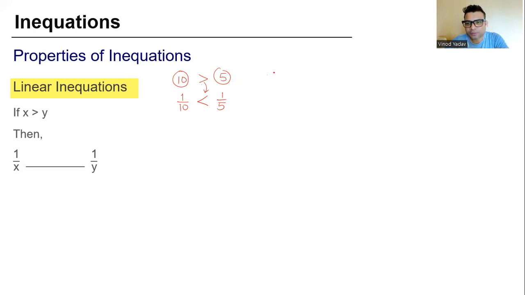Now, minus 5 is bigger than minus 10, isn't it? I am taking the reciprocal: minus 1 by 5, minus 1 by 10. Now which is bigger, friends? Negative: minus 0.2 and minus 0.1. If you visualize the number line, first you will get minus 0.1, right?